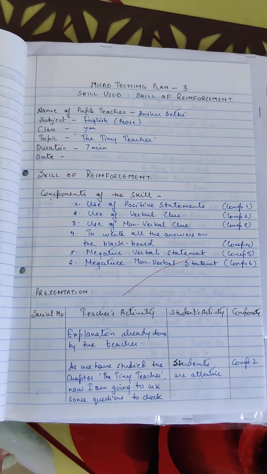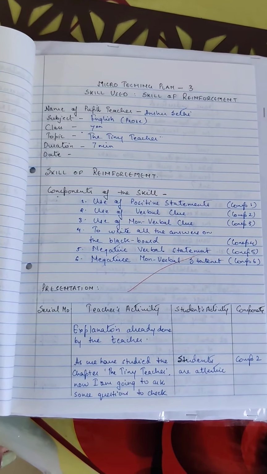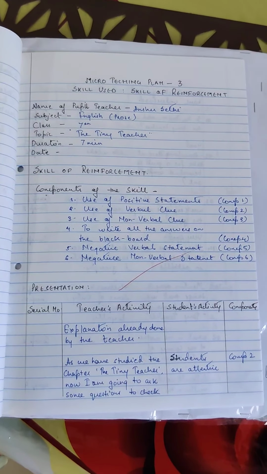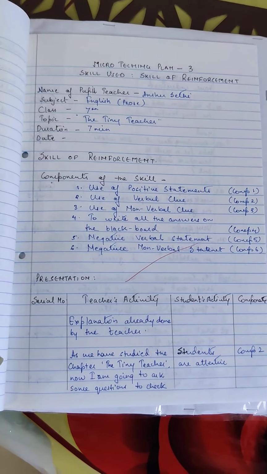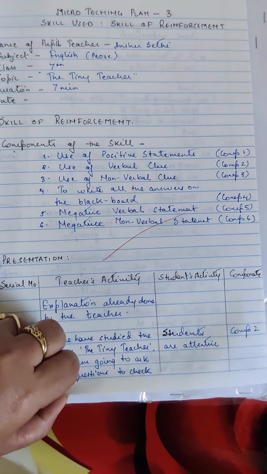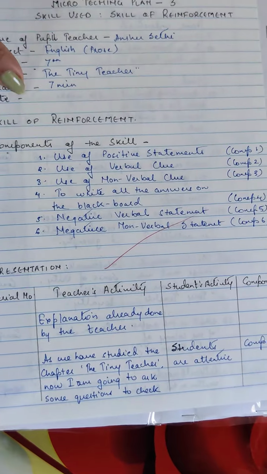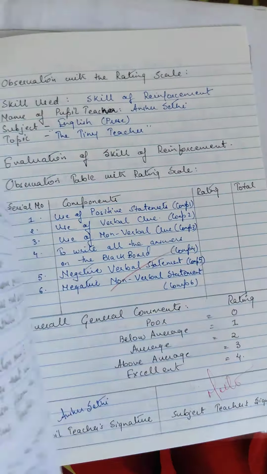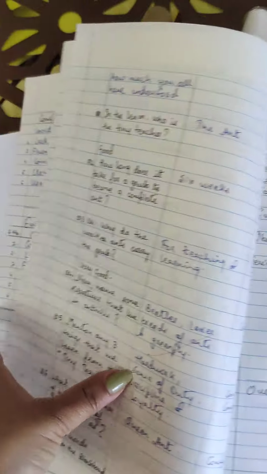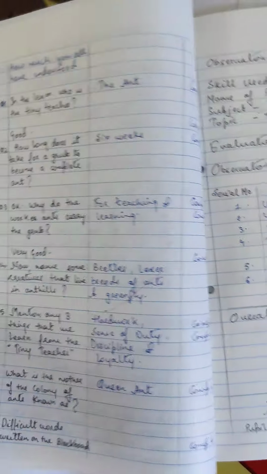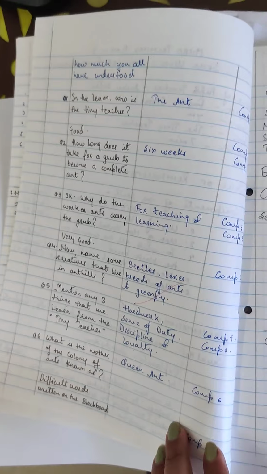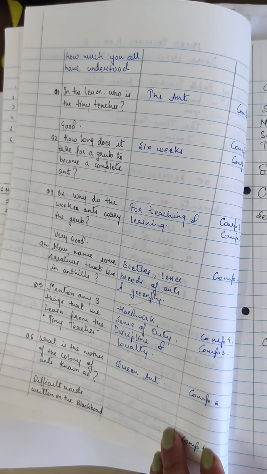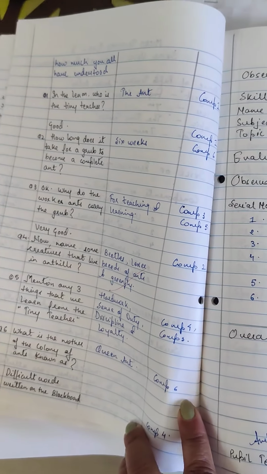Again, 4 columns. In teacher's activity you can write the exploration will be done by the teacher. Students are attentive. Then we ask the questions, write the components accordingly.